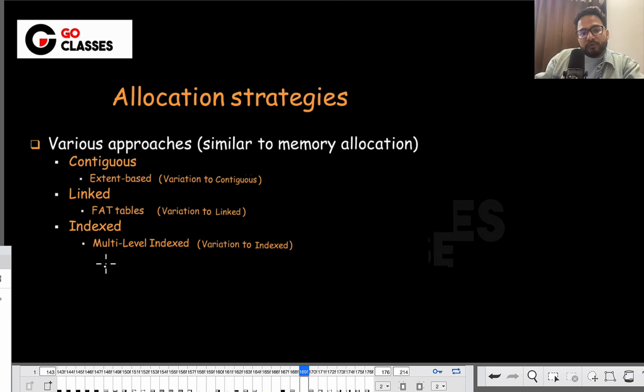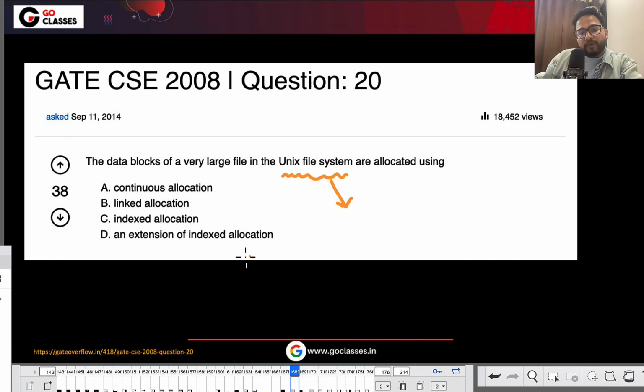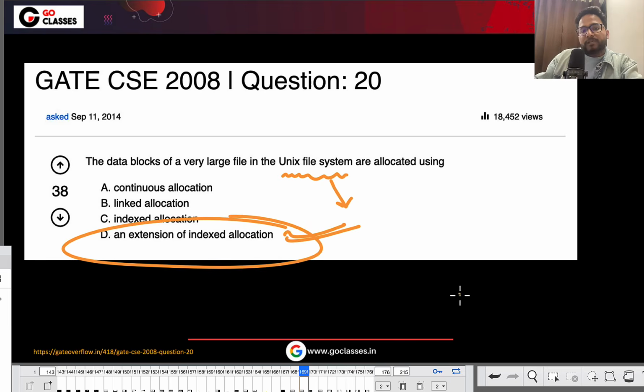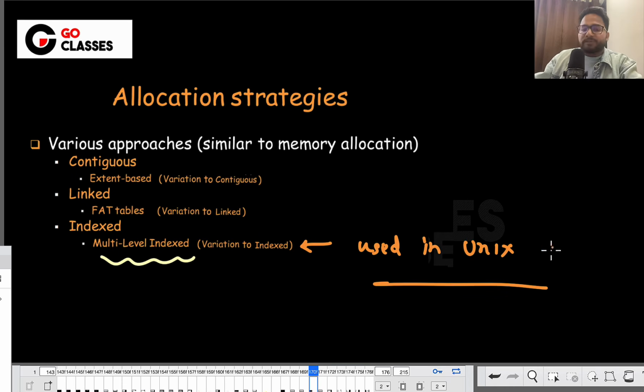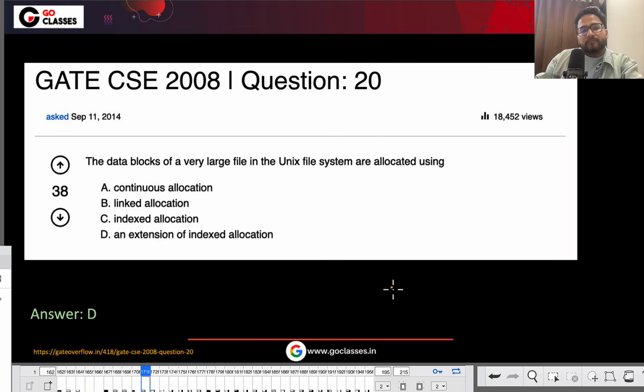So in Unix we use an extension of index allocation. That's why D is the correct answer here. So the answer is D.